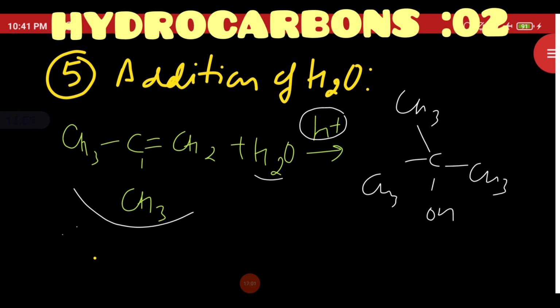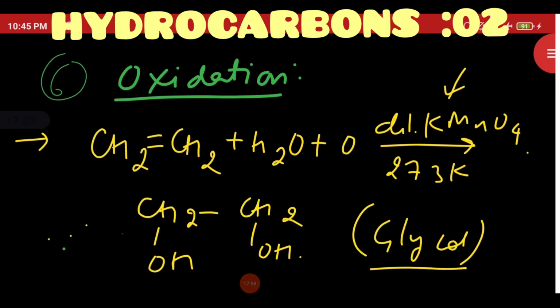And it is in accordance with Markovnikov's rule, because water gets dissociated into proton and hydroxide ion. So the negative part of the addendum is attacking the carbon having the least hydrogen. In this case, there is no hydrogen on the second carbon atom, so it is attacking there, according to Markovnikov's rule.